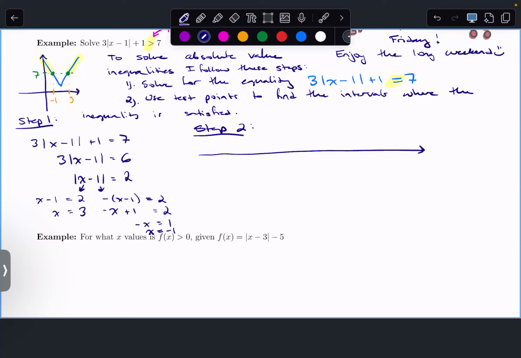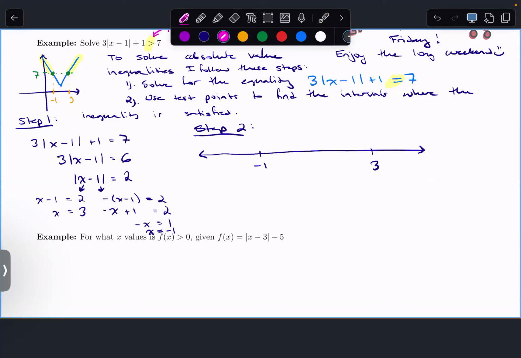And so on a number line, you're going to plop down your x's that you found. So -1 and 3, giving yourself enough room in each of the sections to do math. In particular, you need to be able to do 3 times the absolute value of x plus 1 equals something in each section. Right?